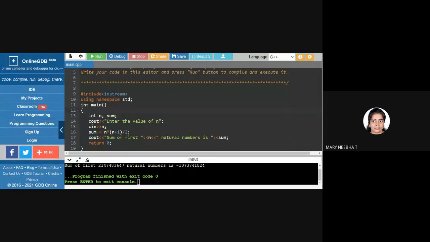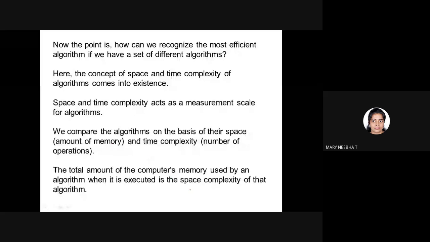Okay, we'll come back to the PPT. Can you see? Yes. So we can use time and space complexity as measurement tools, and we can measure with them.